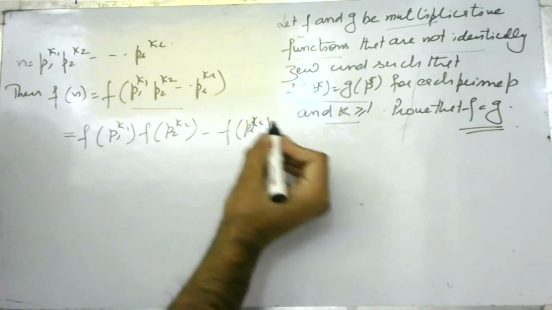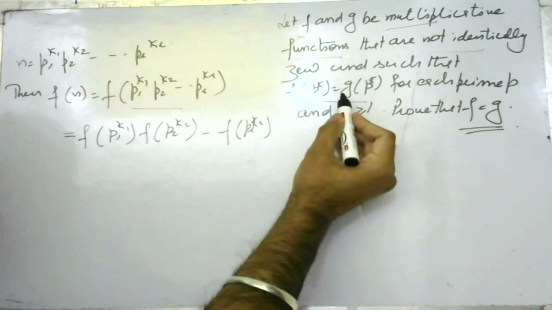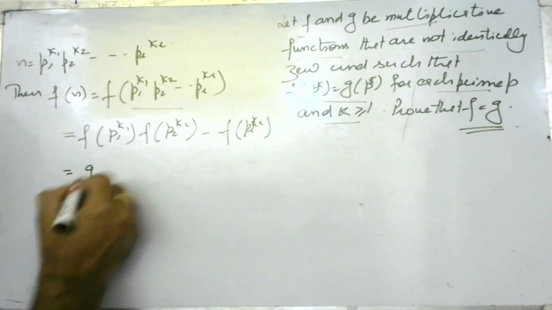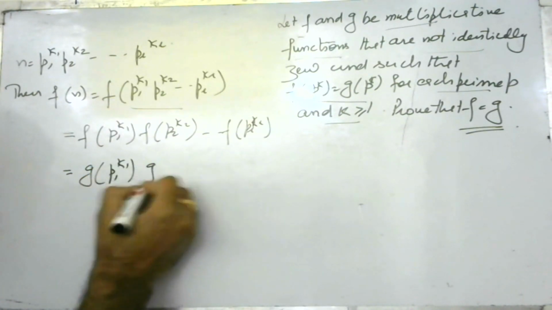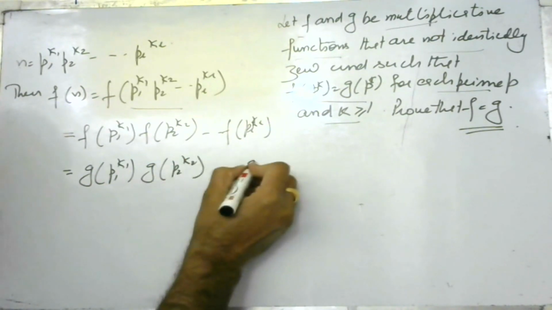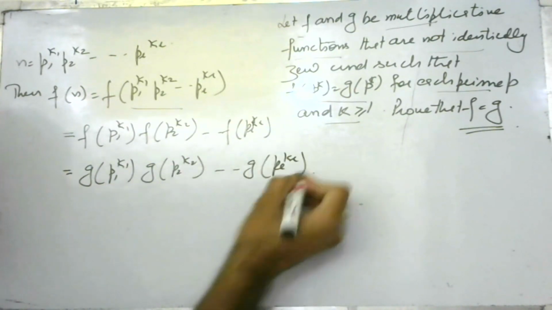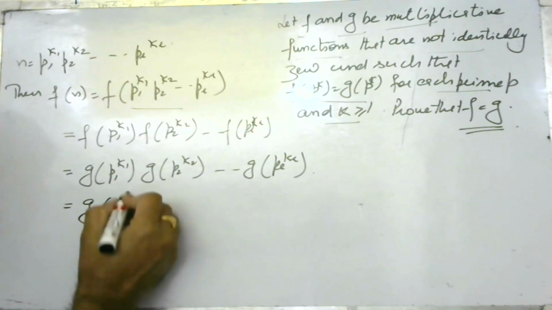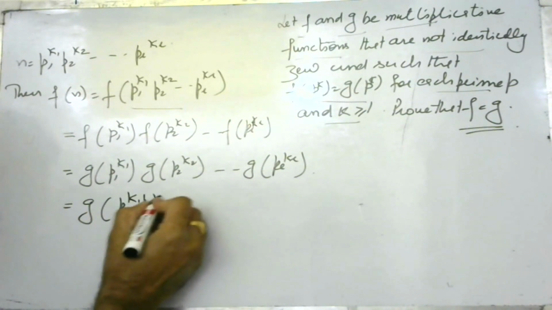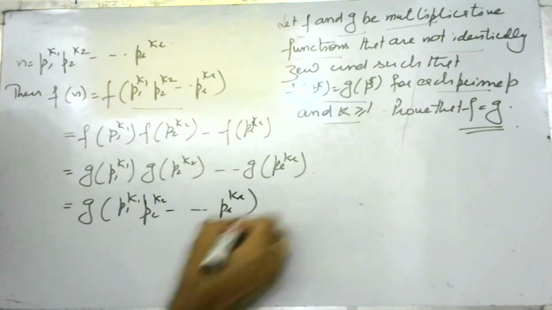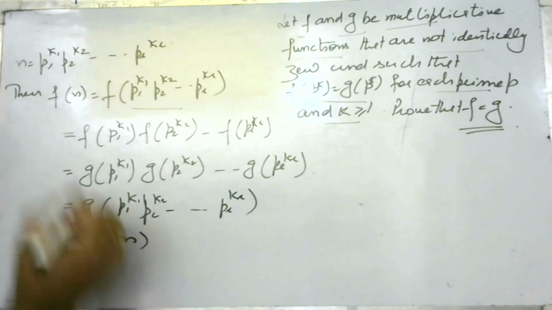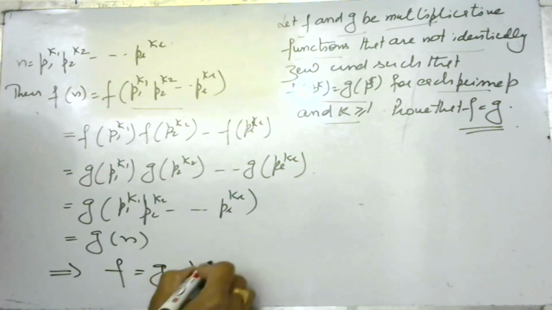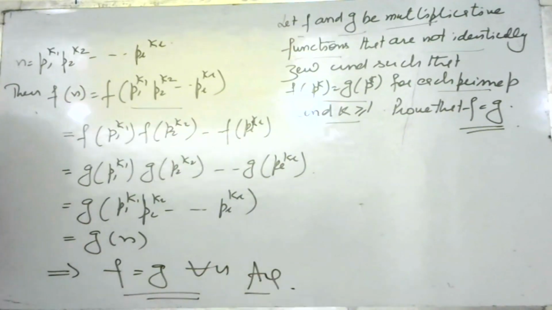Again we are given f of p power k is equal to g of p power k for each prime p. So this further is equal to g of p1 power k1, g of p2 power k2, ... g of pr power kr. Again we use that g is also multiplicative. This further may be written as g of p1 power k1, p2 power k2, ... pr power kr, which is g of n. So we started from f of n and proved it for g of n, which implies f is equal to g for all n. Hence the answer.